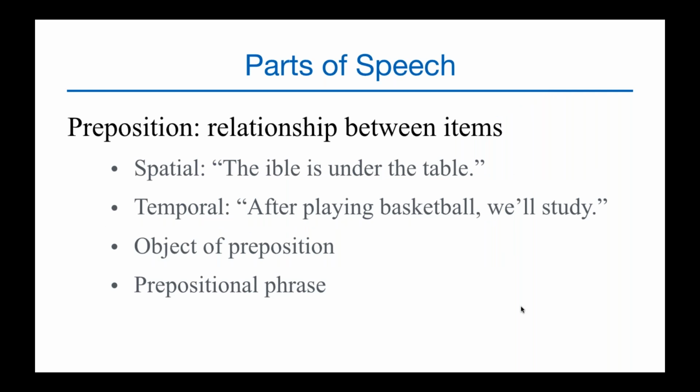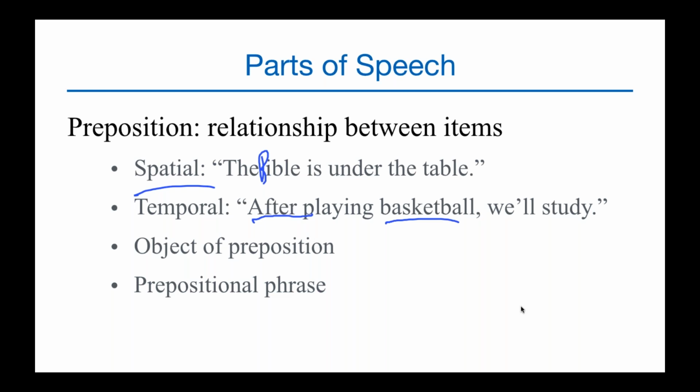Preposition, it expresses a relationship between items. It can be, and usually is, spatial. So the Bible is under the table. Temporal, after playing basketball. So, after playing basketball, we'll study.